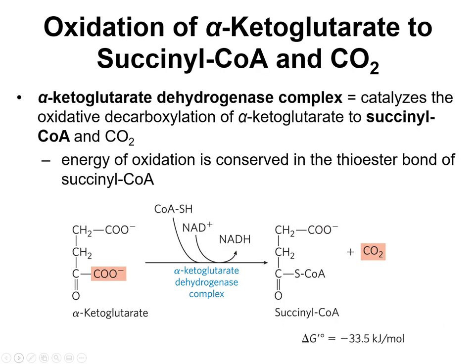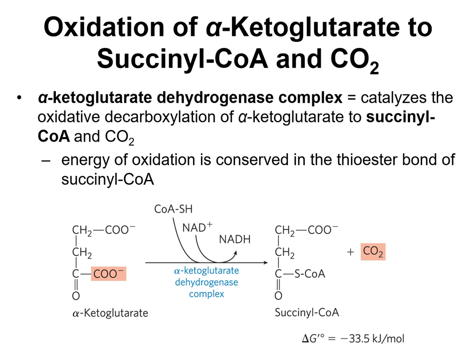So now that we have released another carbon, we are going to release another carbon before we rearrange. So alpha-ketoglutarate dehydrogenase complex, this is another one of those complexes that has E1, E2, E3, and you have substrate channeling so that you don't lose the intermediate.